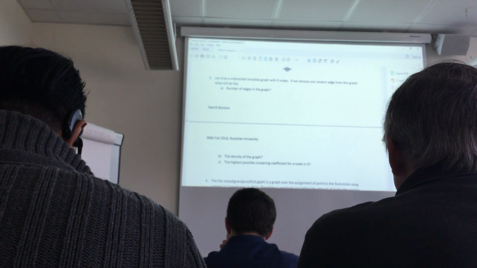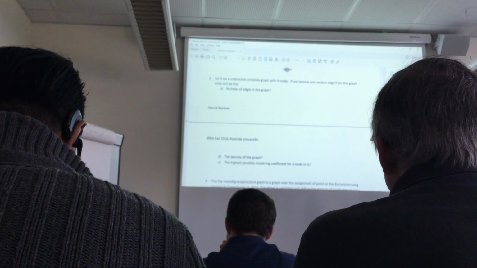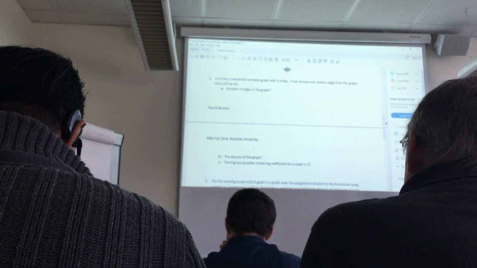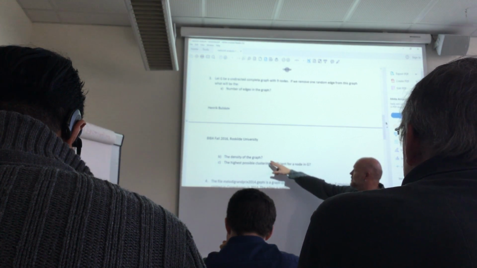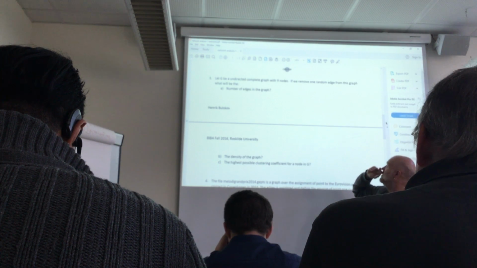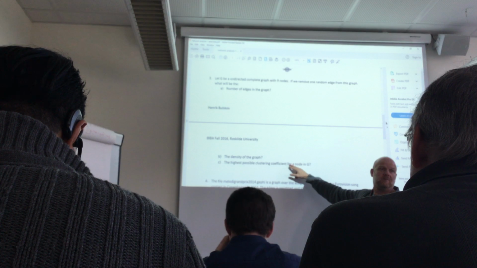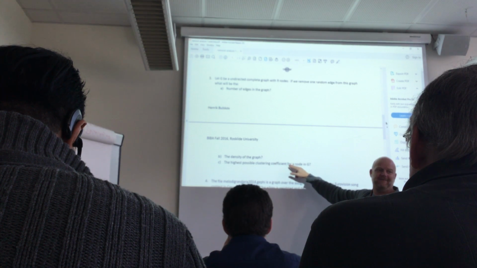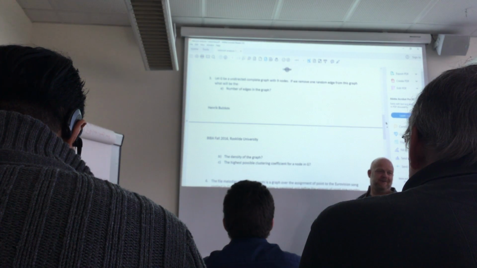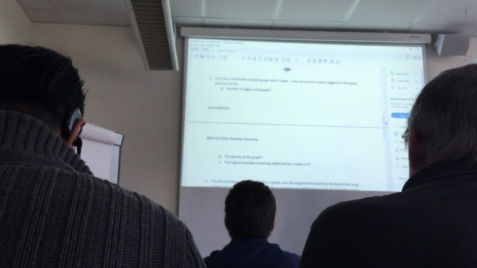That's the density. So how connected is the graph? How many connections are there? What is the highest possible coefficient in the graph? 1. Yes, because everybody is connected, so that makes sense.